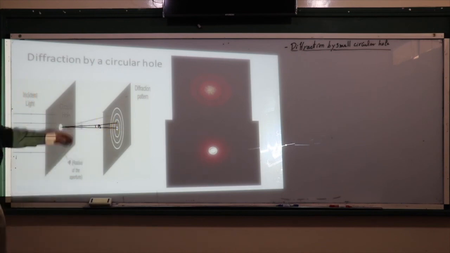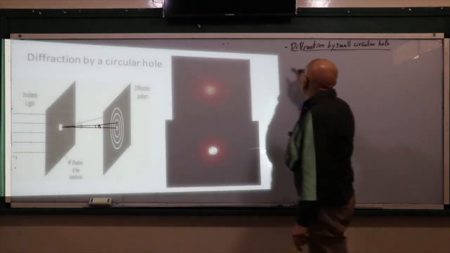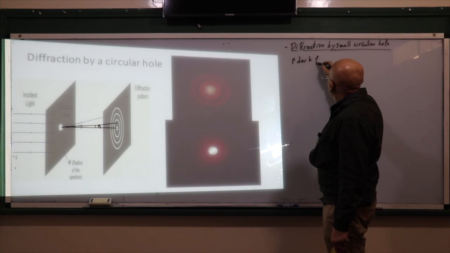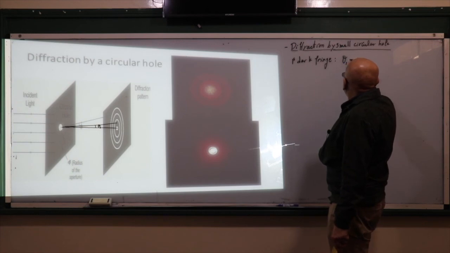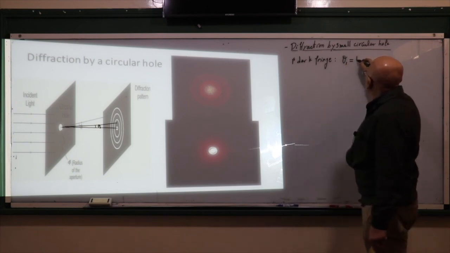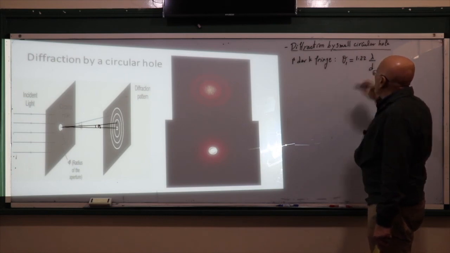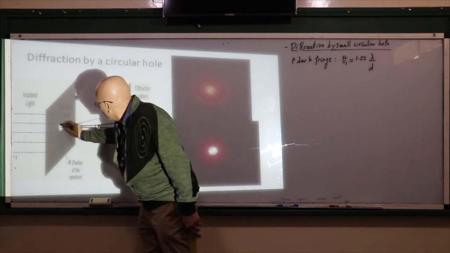This theta 1 for the first dark fringe is given by the formula theta 1 equal 1.22 lambda over d, where d is the diameter of the hole.